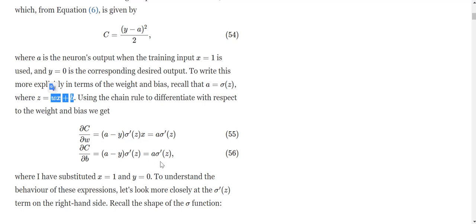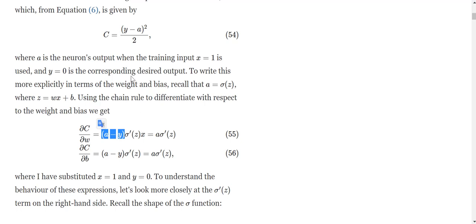Okay, I think I lost track, so I'll do the derivative once again. First of all, you take the derivative of the cost with respect to y minus a. The 2 comes here, the 2's get cancelled out, y minus a is here. Now you'll have to take the derivative of y minus a with respect to a, so you'll get the negative sigmoid prime of z, right? But the negative would go in here and convert the y minus a to a minus y.